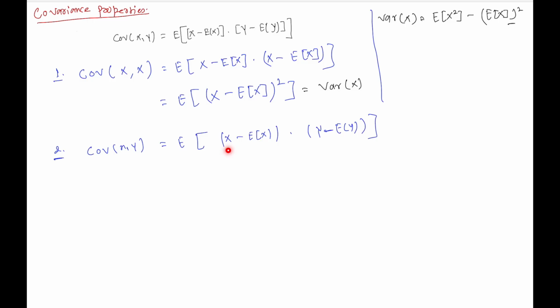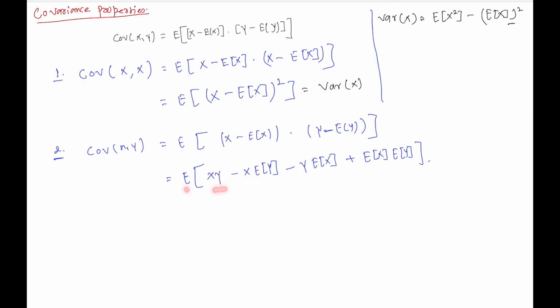right? And what we can do, we can simply multiply these two, and then we can apply the linearity property of the expectation. So let me first of all multiply and get all the terms. If you multiply this, x times y, you will have xy, and now x times the expected value of y, minus y times the expected value of x, plus the expected value of x times the expected value of y. So these are the four terms that you will get.